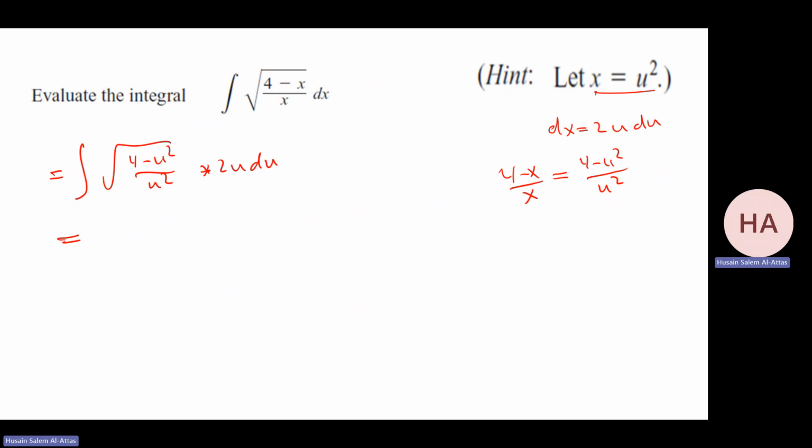I have square root of u squared is u. So that gives me 2 square root 4 minus u squared, because I have u here cancelled with this one. Okay. du. Now I let u be 2 sine theta. du will be what? 2 cosine theta d theta.